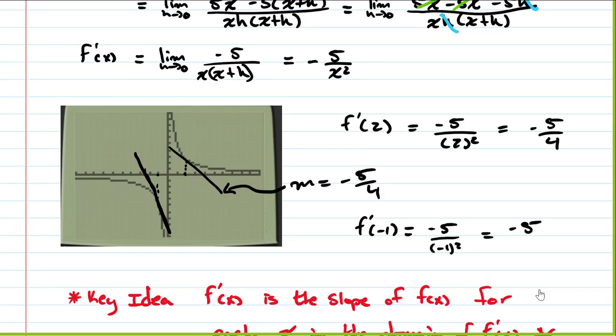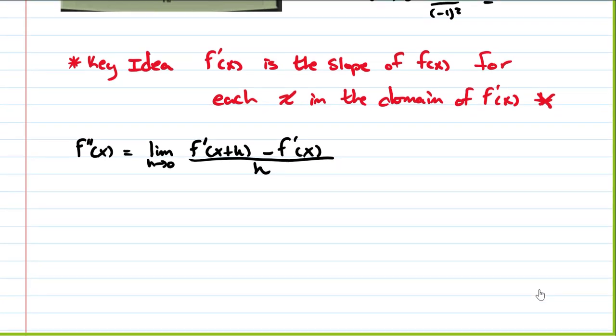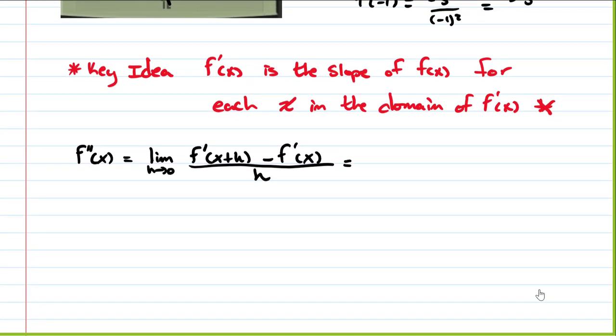So f prime is negative 5 over x squared. So this is going to be the limit as h goes to 0 of negative 5 over x plus h squared minus a negative 5 over x squared, the whole thing divided by h.